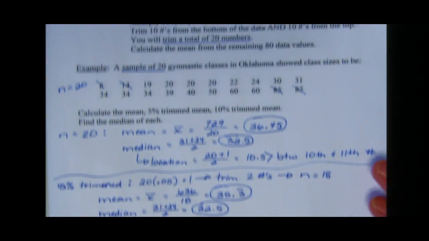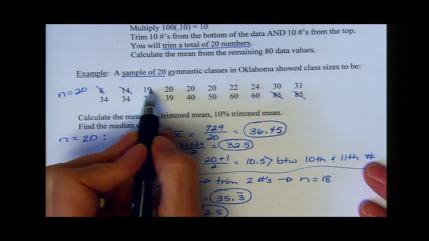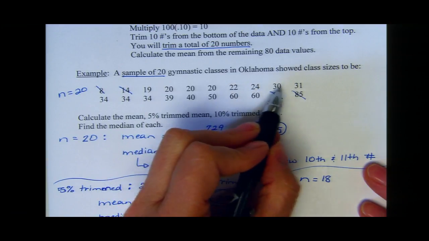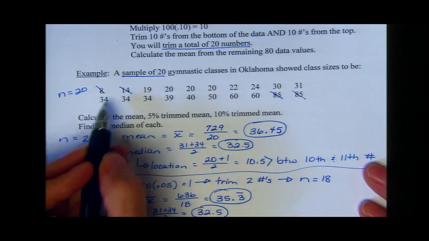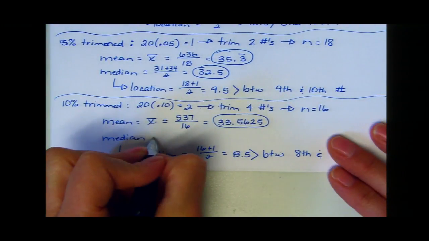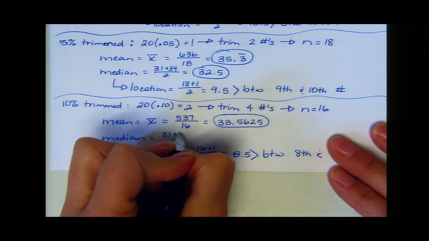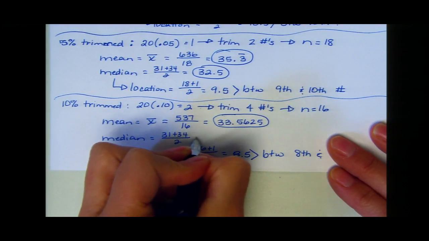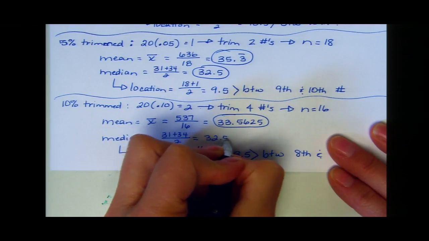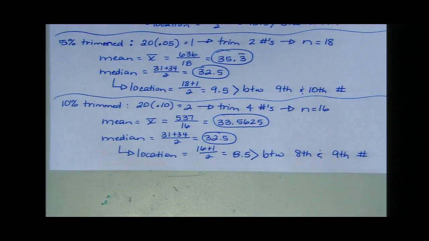So I come back up here. These 2 are trimmed. 1, 2, 3, 4, 5, 6, 7. There's the 8th and the 9th number. So my median has remained the same. So the trimmed mean has affected my mean, but it did not affect my median. So that's one thing to pay attention to.